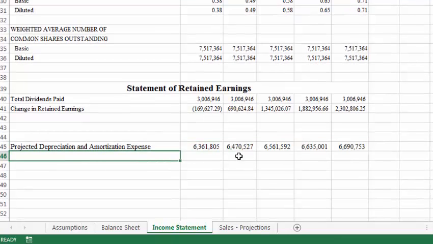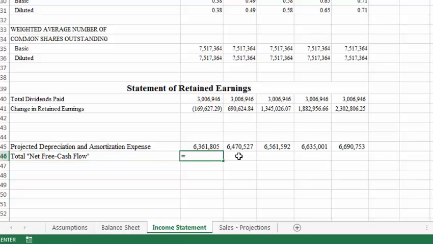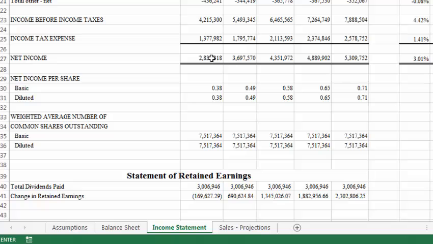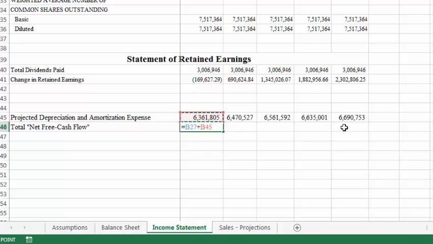So at this point, I'm going to say total net free, and let me put my quotation marks around it, because I'm the only person who calls them this, net free cash flow, which is going to be equal to my net income plus projected depreciation and amortization expense.